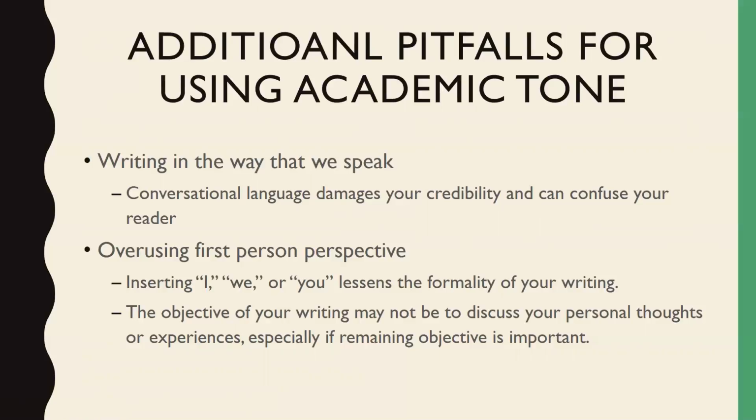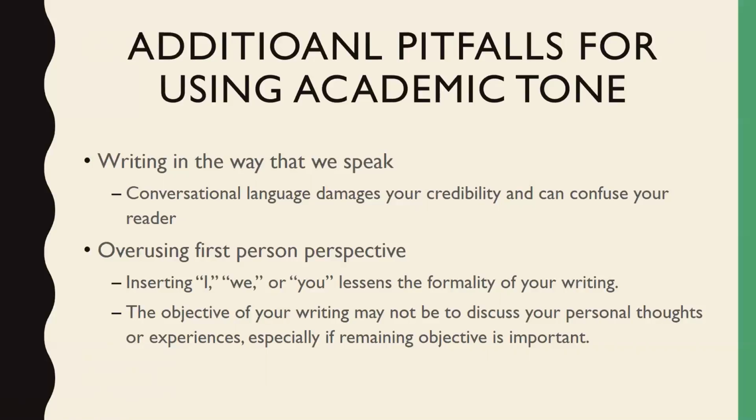And then the second thing that can be a pitfall for using academic tone is the overuse of first-person perspective. So when we're writing, particularly as we're incorporating research into things that we have to say, discussing it in first person can cheapen our academic tone because it's really not necessary. We don't need to talk about it as though I am the reader. This is my perspective.